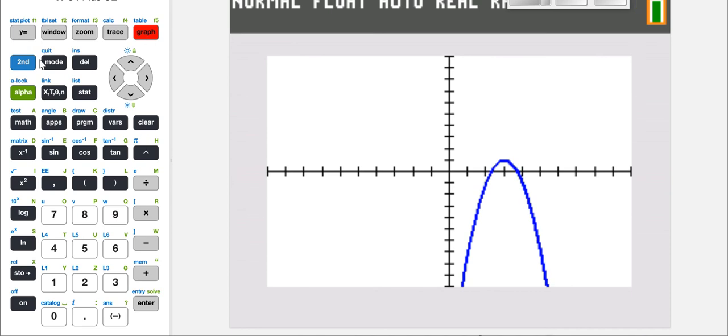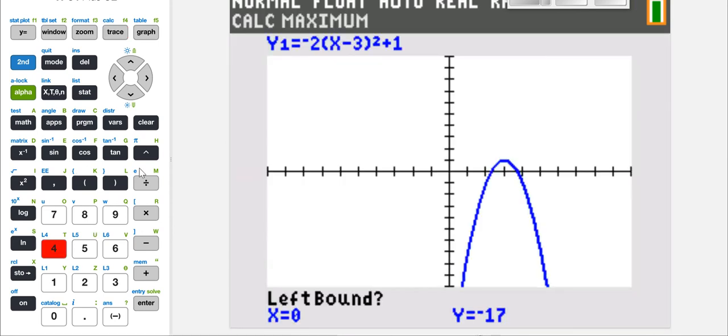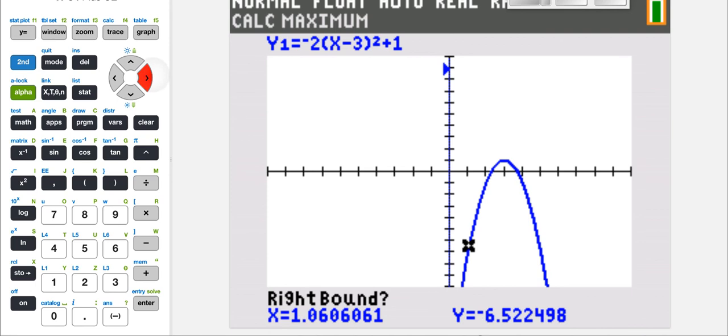Let's quickly look at several key points. Second trace, and in this case, if you look at the graph, we have a max. Again, we're going to do the same kind of thing: look at the vertex and find the x-intercept. So number 4 for the max. Left bound, and then move the cursor to find the right bound.